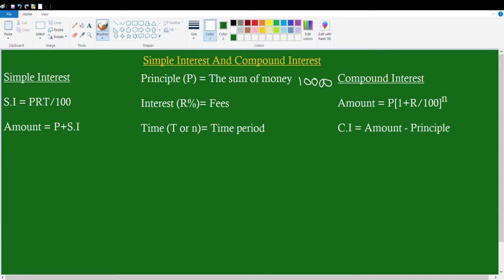So, this is expressed in percentage. Next is time. Time means how long you are going to use that principal. For example, here I am taking 2 years I am going to use this money. So, time period is how long you are going to use that money. Let's take interest here as 10%.